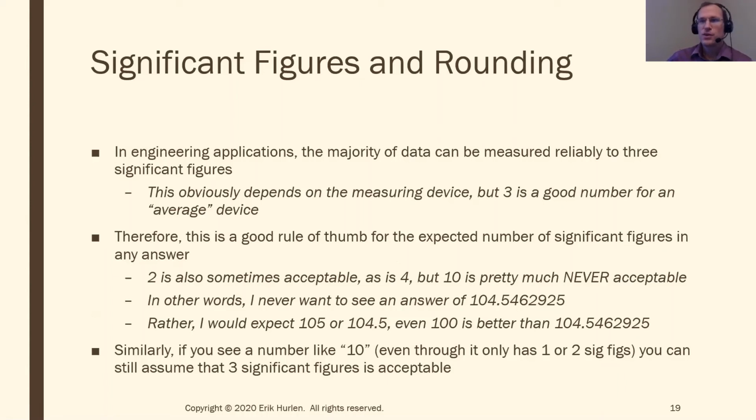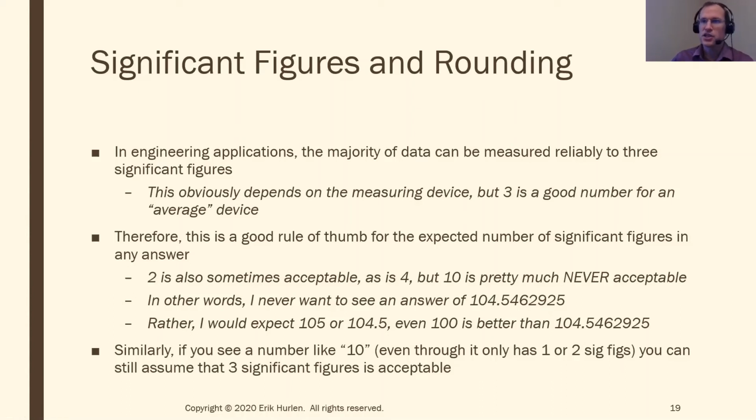One other thing that students really like to do sometimes is type a bunch of numbers in the calculator, and then whatever the calculator tells them, they write down the entire thing. So if you get an answer of 104.546292.5, students like to write down all those numbers, which you should not be doing.